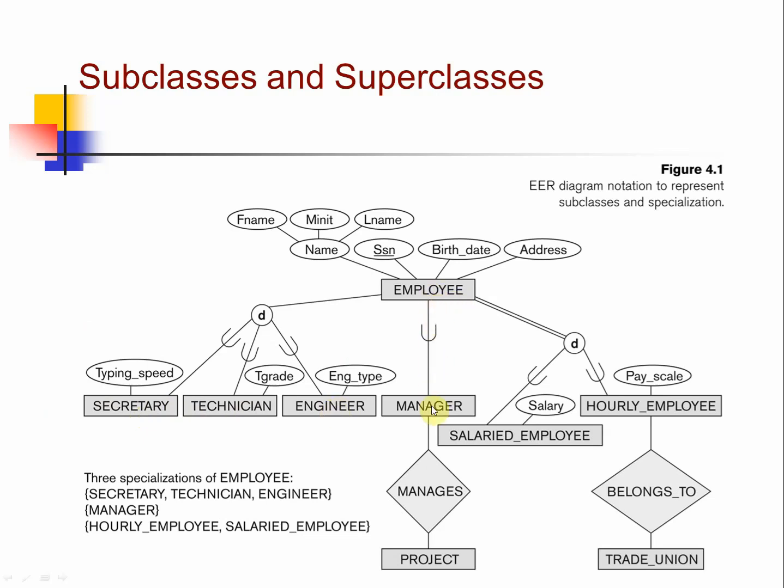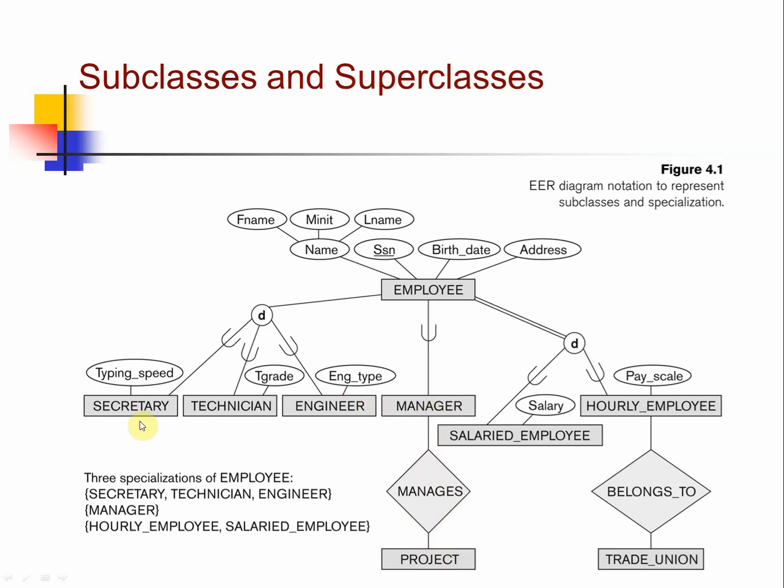If that person is a manager, then there is a manager subclass based on the employee. You can see that maybe there are 100 employees and there are only 5 to 6 managers here. So based on that subcategory, they can have their own relationship. Managers are able to manage some projects, and only the managers manage the projects. Basic employees who are not managers don't manage projects. So once we separate this out, this relationship only applies to the manager subcategory.